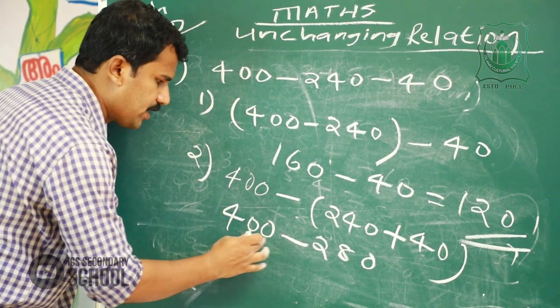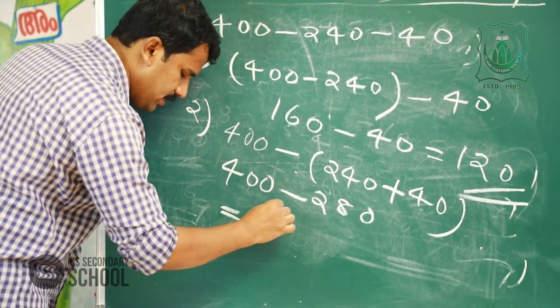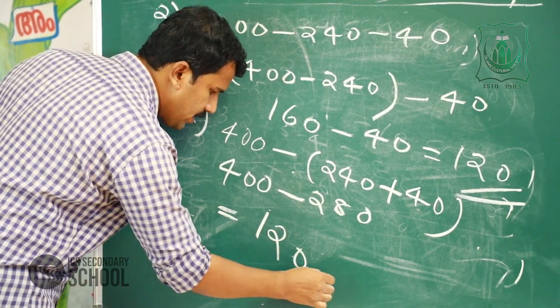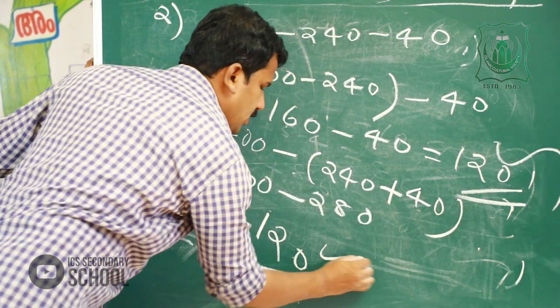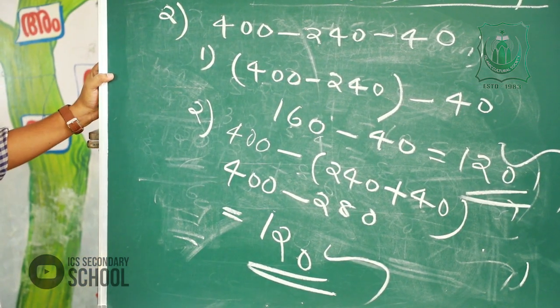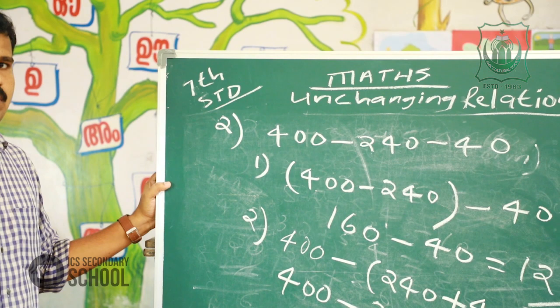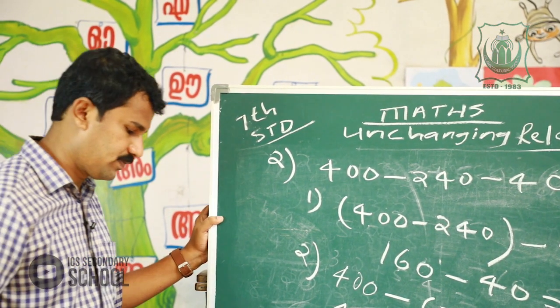That is 400 minus 280, that is 120. So in both methods the answer is the same, 120. Got it? Yes.